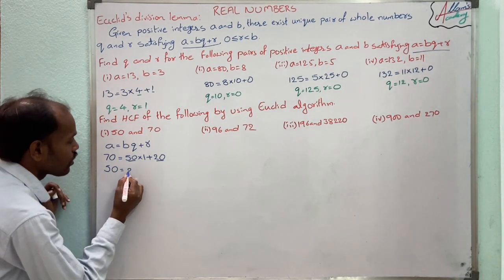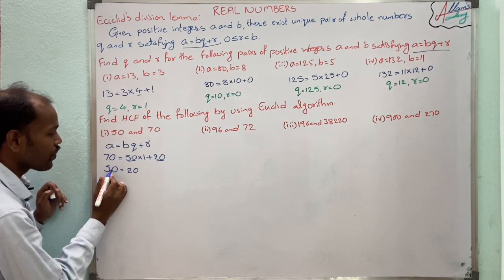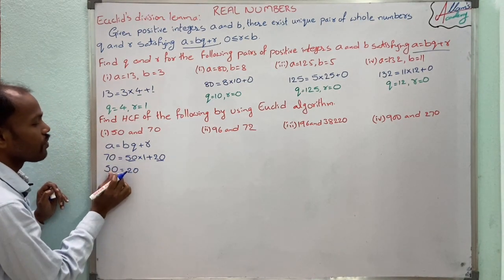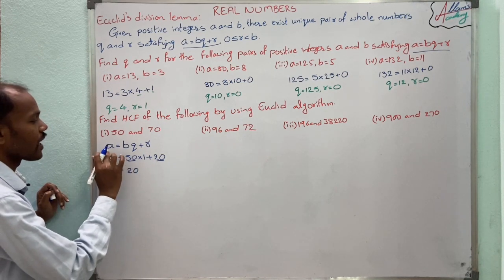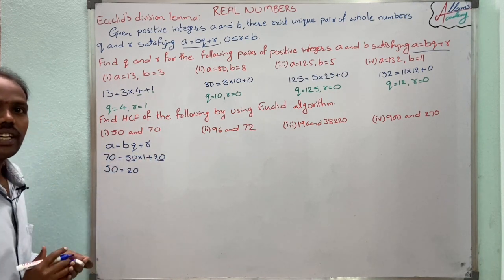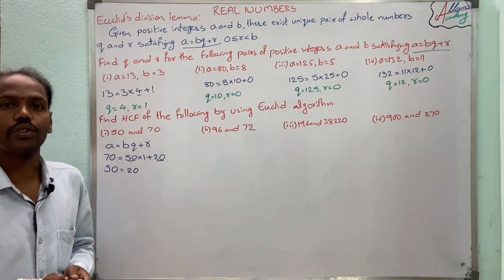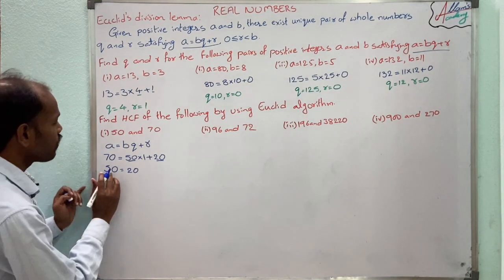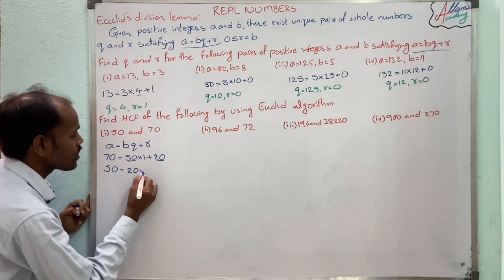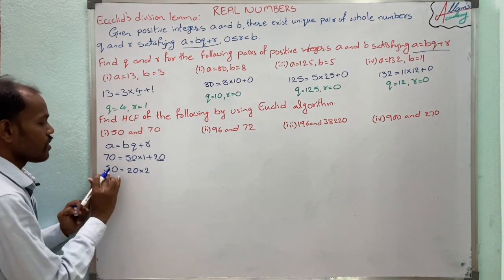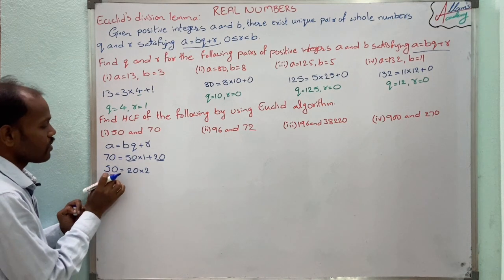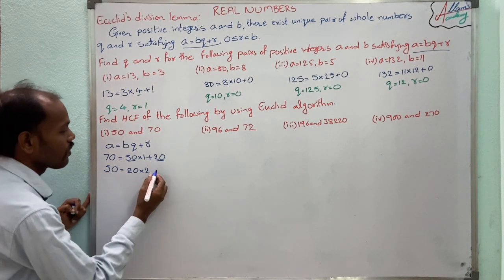Now these numbers are again written in the form a equals bq plus r. So 50 equals 20 into 2, which is 40. 2 2s are 40. So 50 minus 40 equals 10.